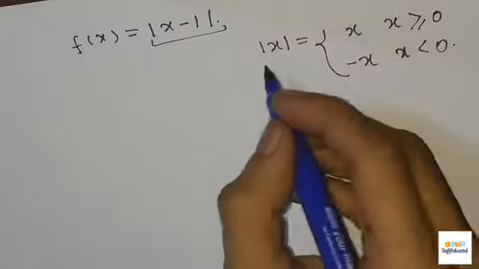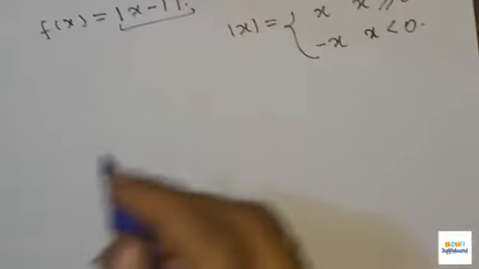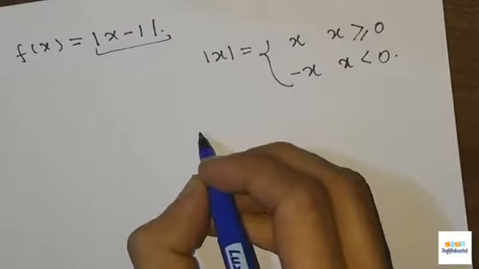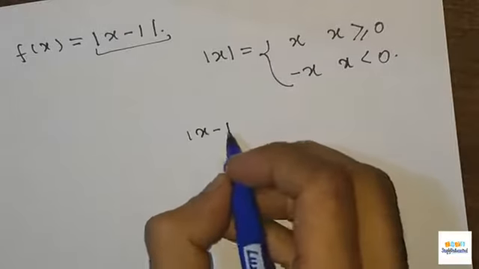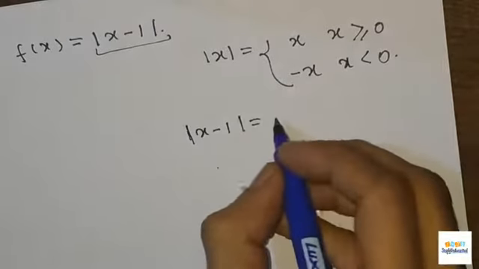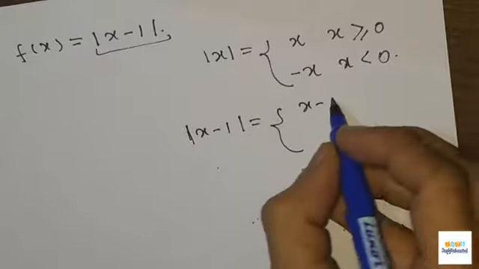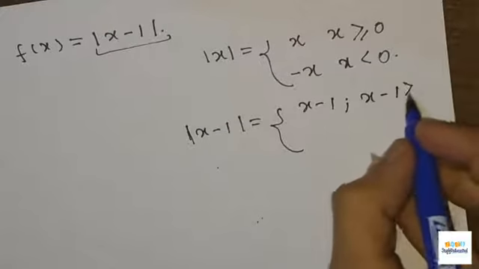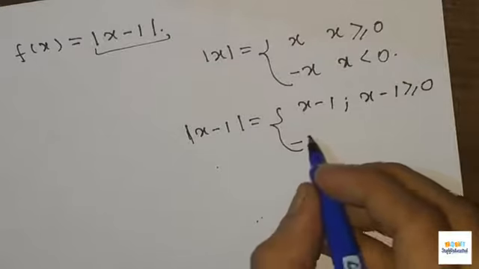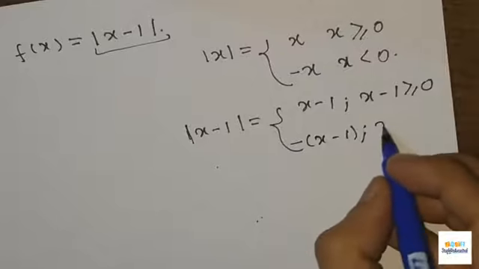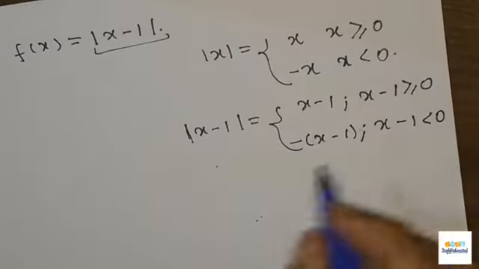Now here instead of x we have x minus 1. So let us see the definition of the modulus now. So modulus of x minus 1 will be equal to x minus 1 if x minus 1 is greater than or equal to 0, and minus of x minus 1 if x minus 1 is less than 0.